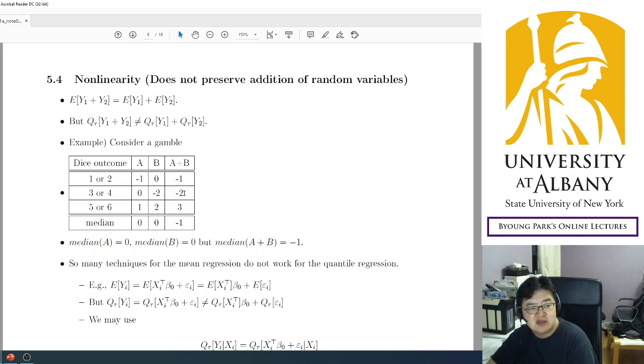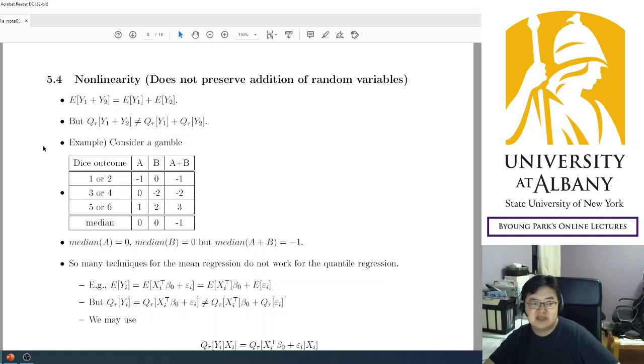Among these three outcomes, the median is the middle one, so minus 1. This is the problem. The median of A was 0, the median of B was 0, but the median of A plus B becomes minus 1.